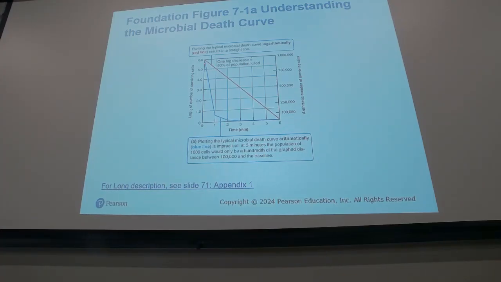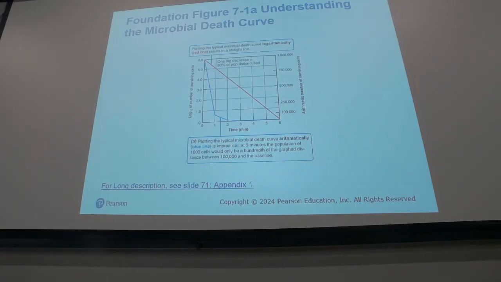And then the blue line represents the arithmetic scale, while the red line represents the logarithmic scale. So 1 log decrease, in this case, means 90% of the population decreasing.